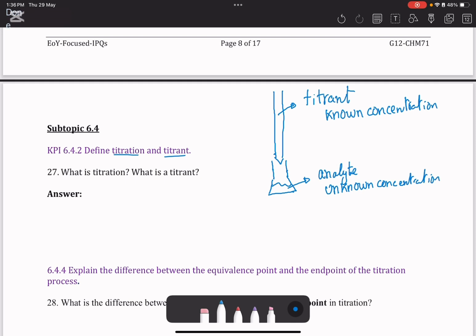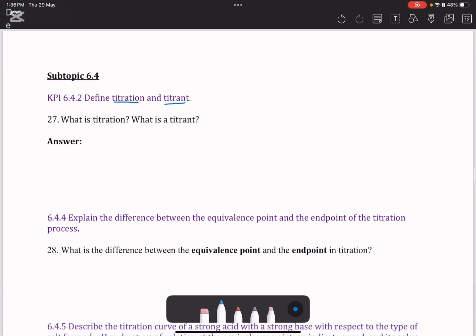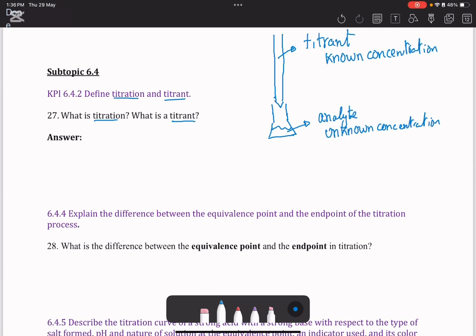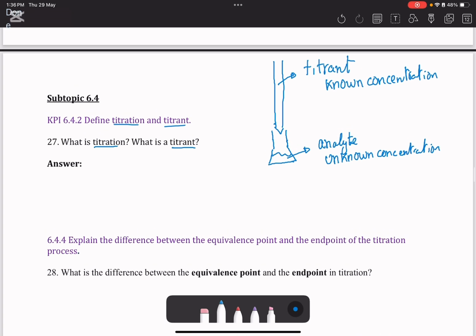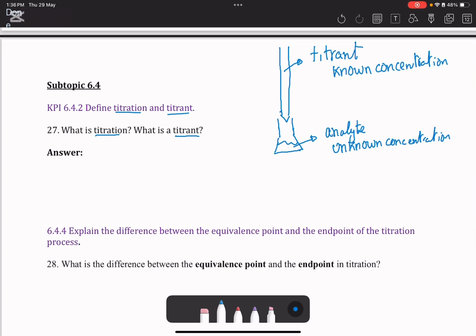Now, what's the difference between titration and titrant? Titration is the technique, it's the experiment itself, the process. While titrant is the solution of known concentration that is filled in the burette. So, as I mentioned, I'm not going to write it just because of the time.